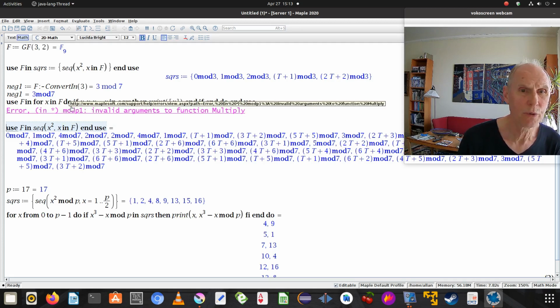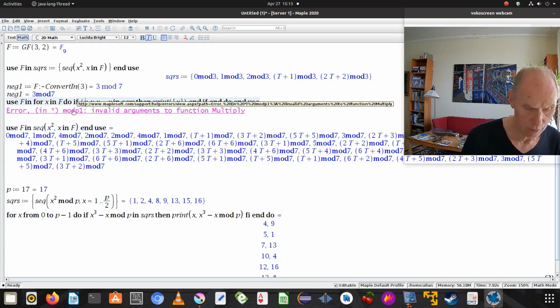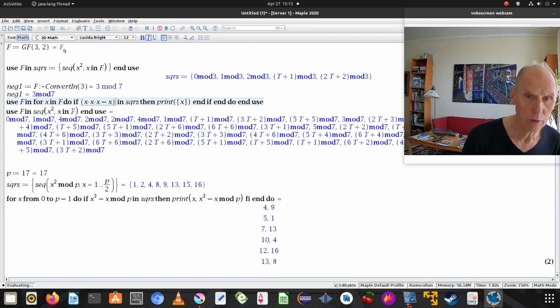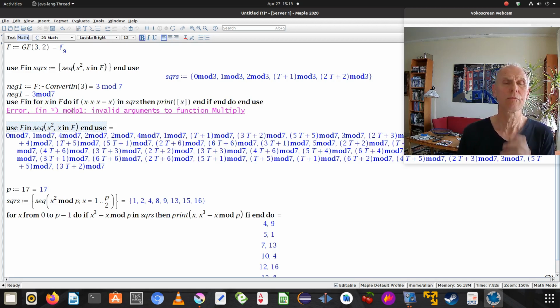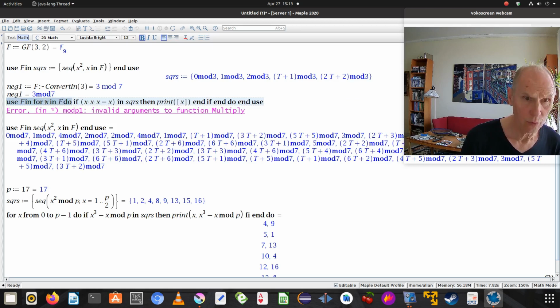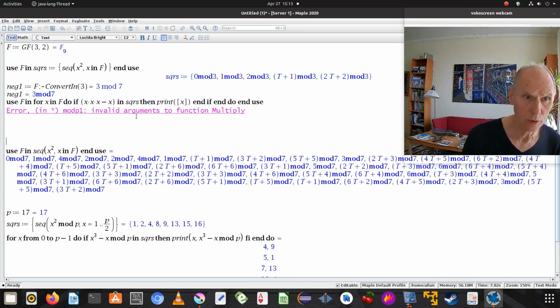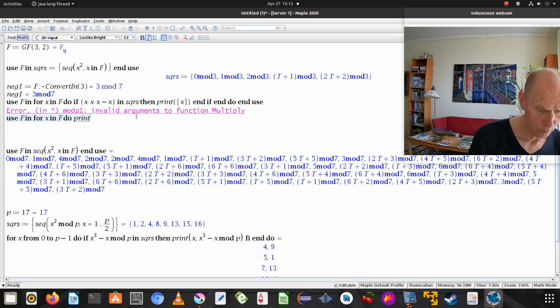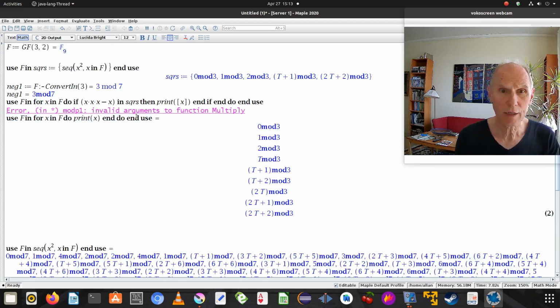For x in f, do if... so that can be done.